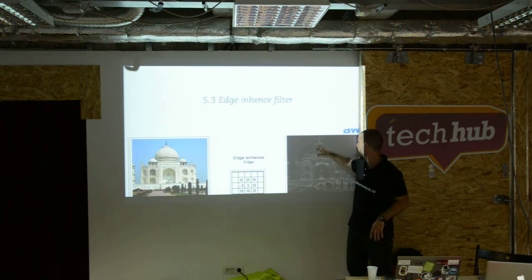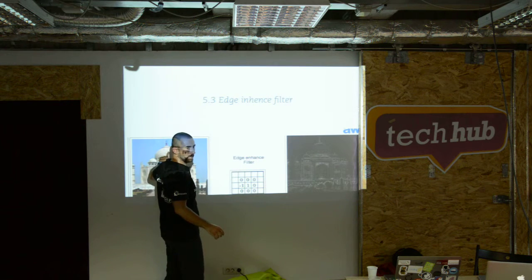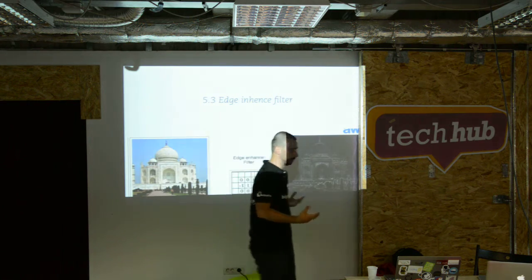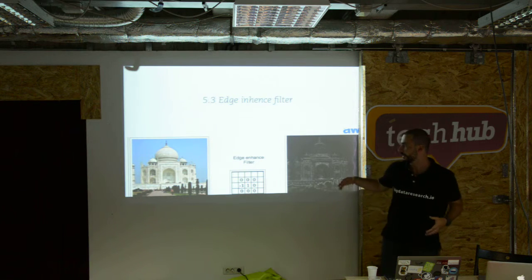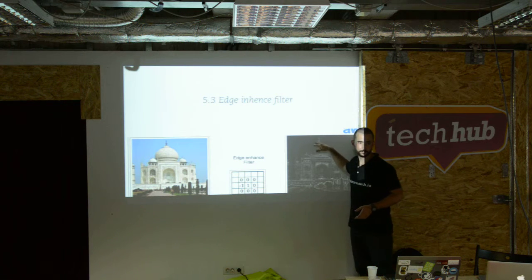But keep in mind that here, I'm also missing information from this part. I'm missing nuances, I'm missing shades of gray, I'm missing other types of forms. But this filter allows me to detect the edges.